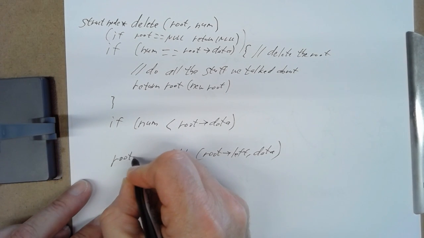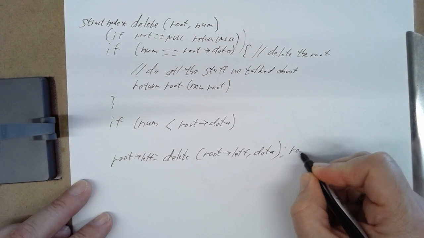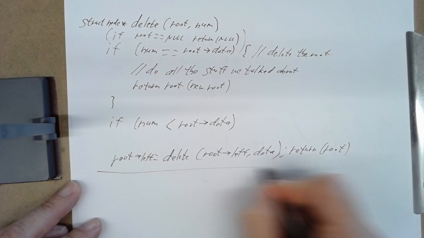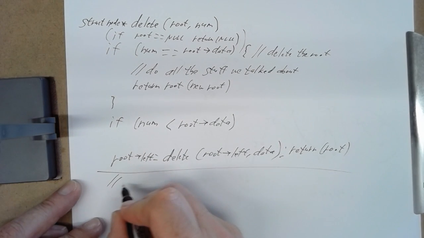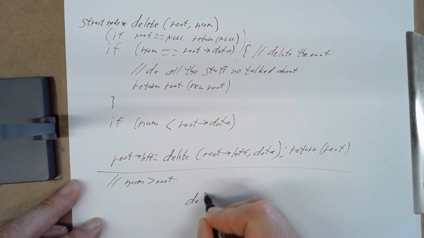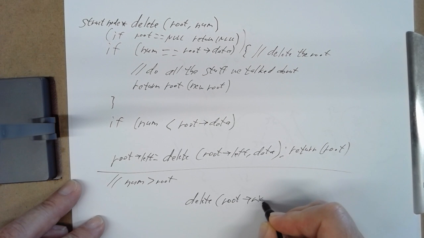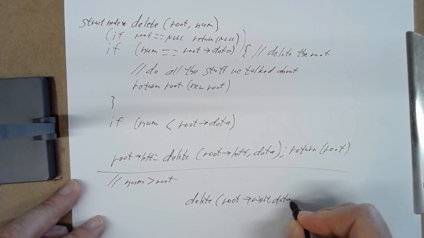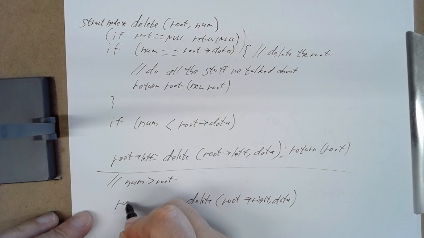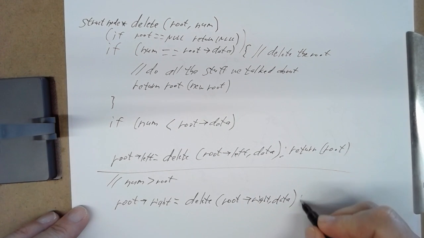So we're going to say root left equals delete, and then just return root. Otherwise, our number is bigger than the root, so delete from the root's right subtree. And that'll return the root of the new right subtree, so set root's right subtree to that, and return the root.